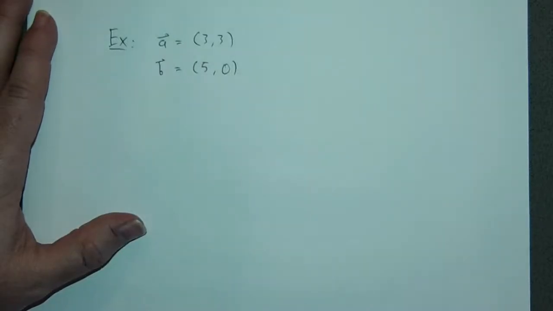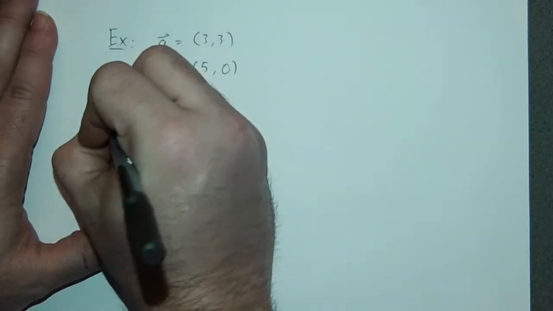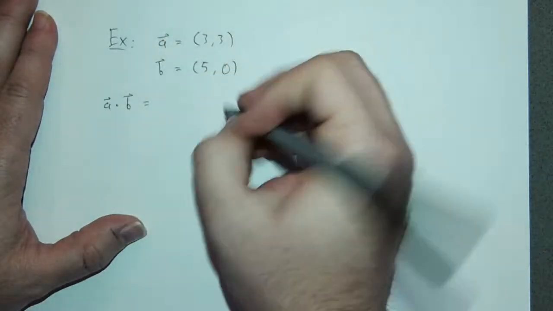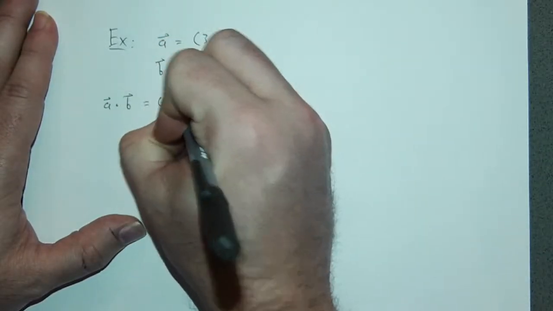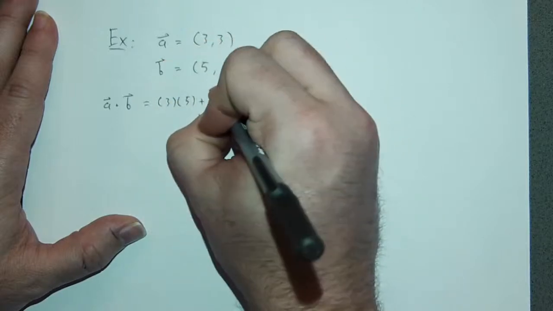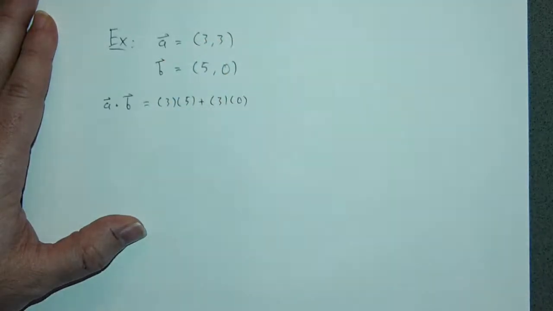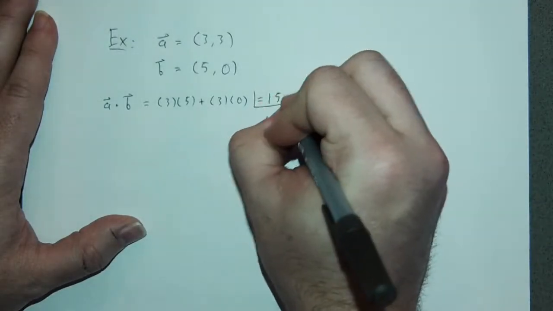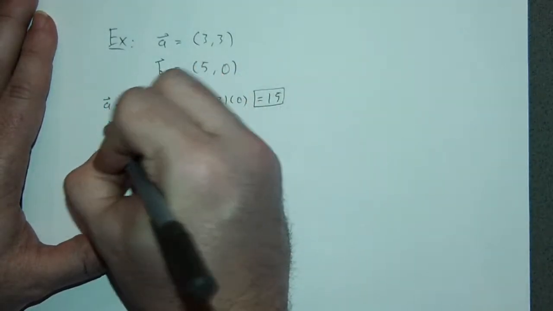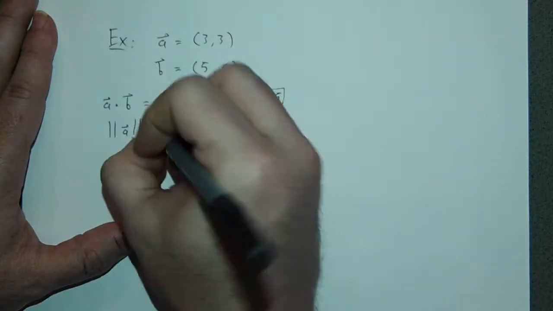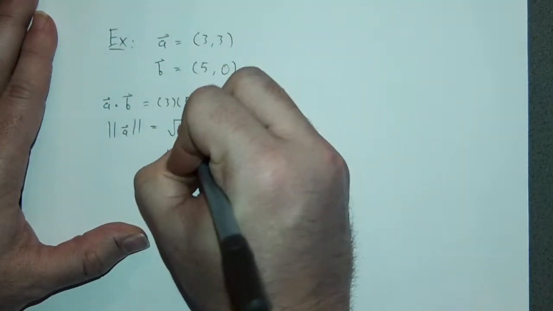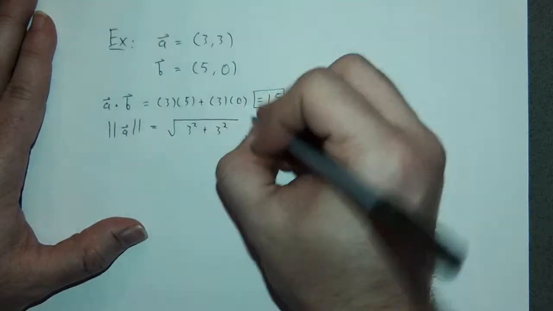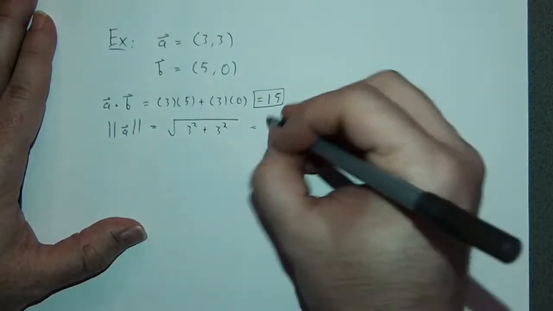So I need to compute three things. First, A dot B. That's not too bad. A dot B is 3 times 5 plus 3 times 0, so that's 15. What is the length of A? The length of A is the square root of 3 squared plus 3 squared, so the square root of 9 plus 9, the square root of 18.